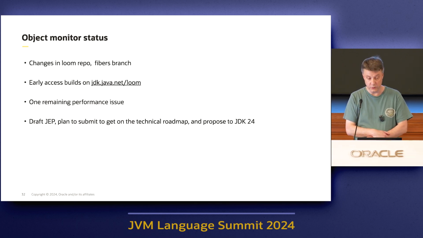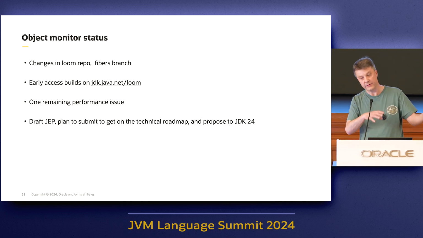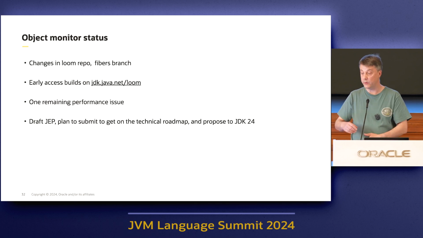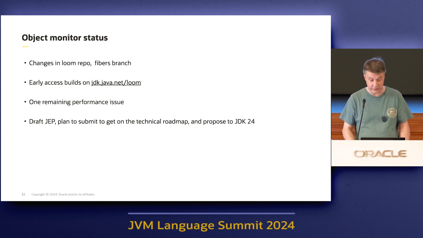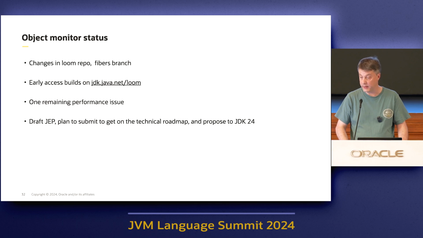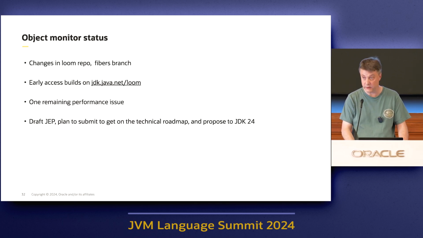Right, a high-level summary of where we are: the changes for this have been accumulating in the Loom repo over the last number of months. We've had early access builds, I think starting back in March as the pieces were coming together. Quite a few people are trying this out, which is great, including some people with large stacks. It's pretty good in terms of reliability. We've got one performance issue that I mentioned that hopefully will get worked out.